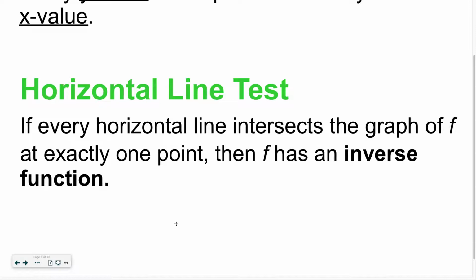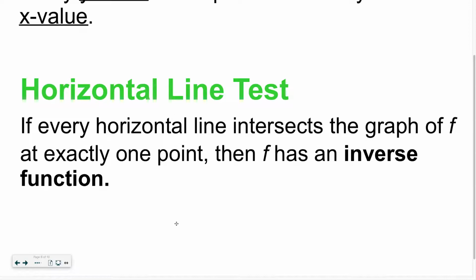So what I would recommend, how we're going to use this knowledge about one-to-one and the horizontal line test, is, before you start a problem where you switch x and y and solve for y to find the inverse, make sure there is an inverse function first. So just think about the graph. Does it pass the horizontal line test? If it does, continue.